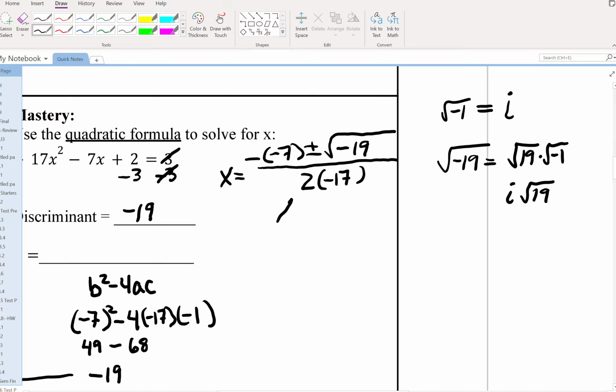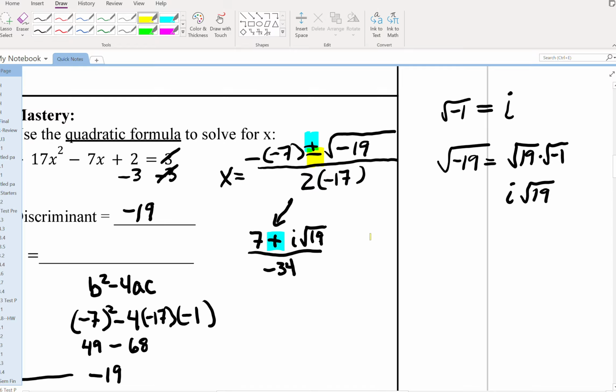When I'm simplifying this, the negative of -7 is +7. That's 7 plus i square root of 19, and then 2 times -17 would be -34. That is one of the solutions, and it comes from the positive there. The other solution is the negative.